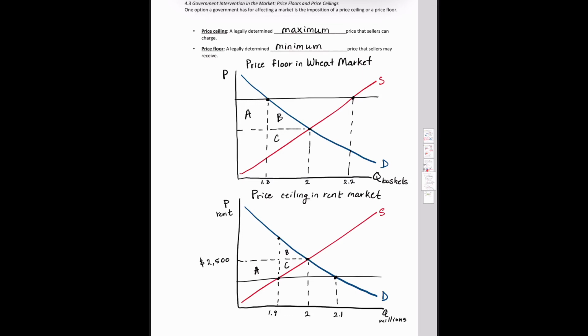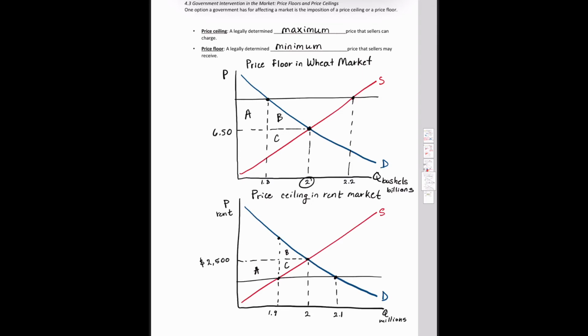In this example, let's say that the equilibrium price for wheat is $6.50 per bushel. I wish it was that high, right? And at this price, 2 billion bushels are sold. These are in billions. So at price $6.50, we have a quantity of 2 billion bushels sold.